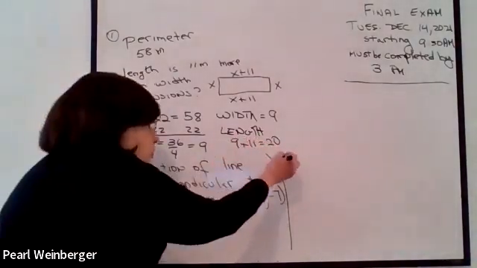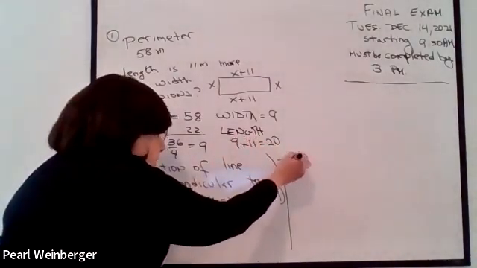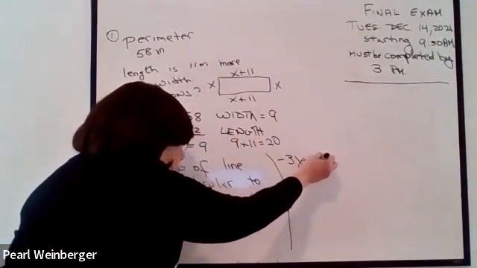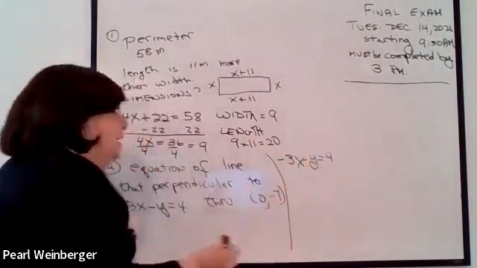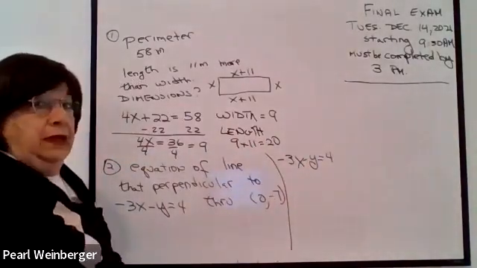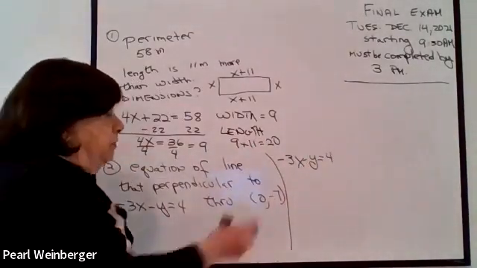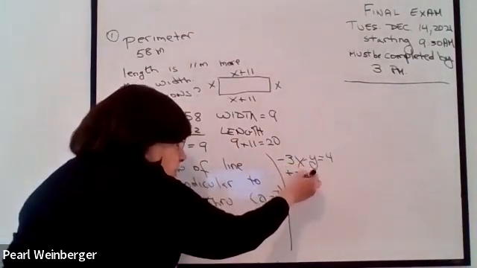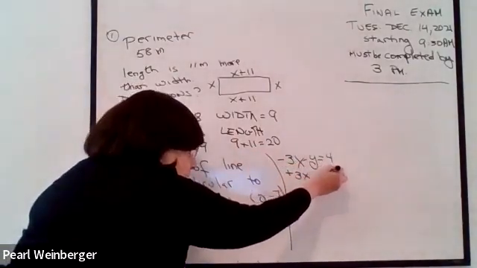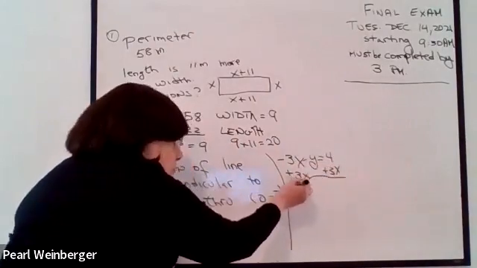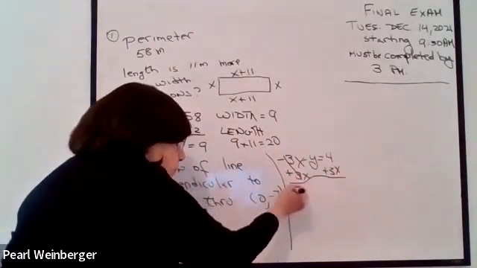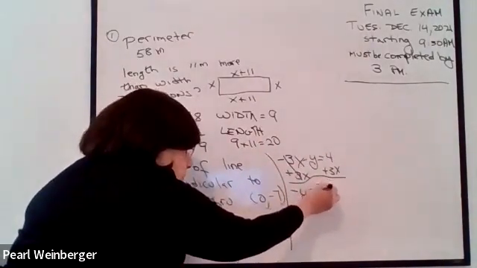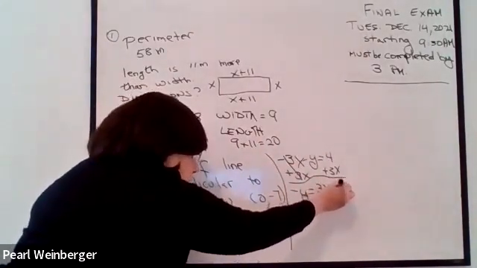So I'm going to start with my original line, which is negative 3x minus y equaling 4. And I'm going to put that into the y equals mx plus b form. I'm going to solve for y. So I'm going to get this 3x to the other side, which will give me negative y equals 3x plus 4.